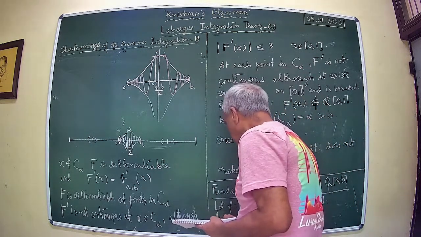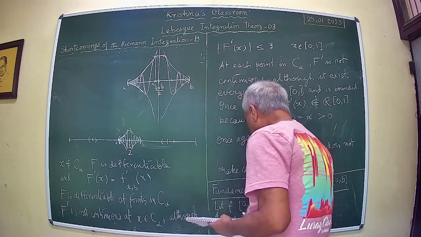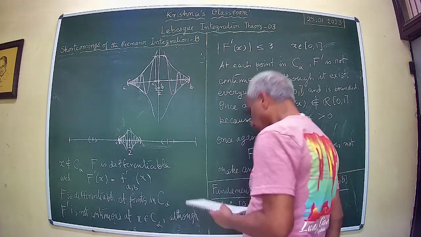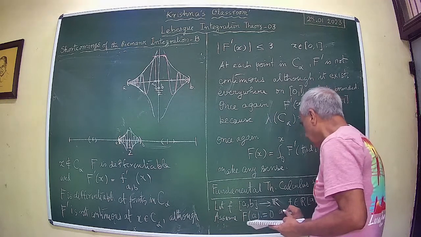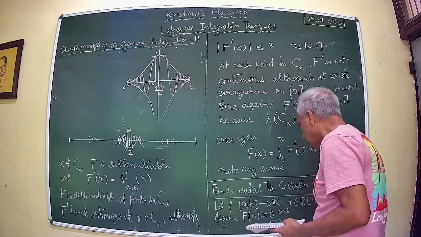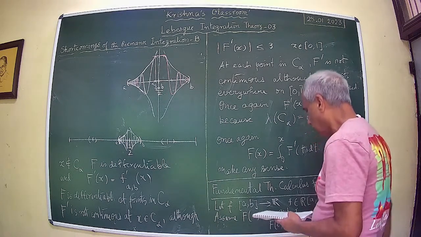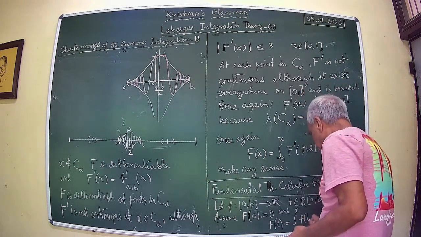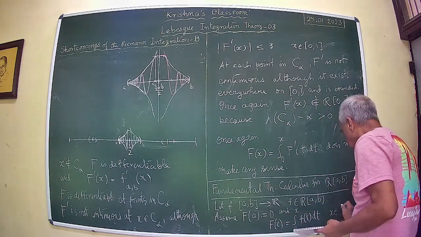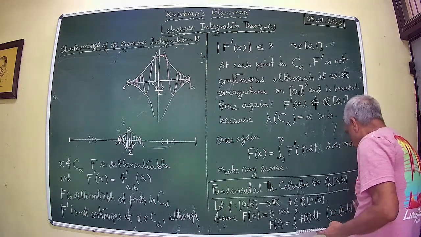Assume capital F of a is defined as 0 and F of x is defined as, which makes sense, the integral from a to x of f(t) dt for x belonging to AB.